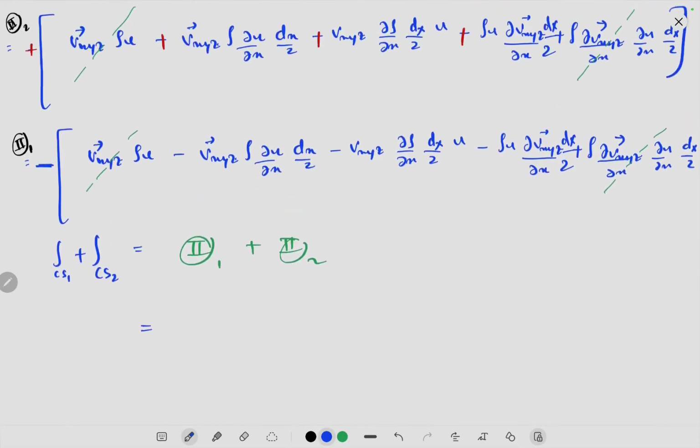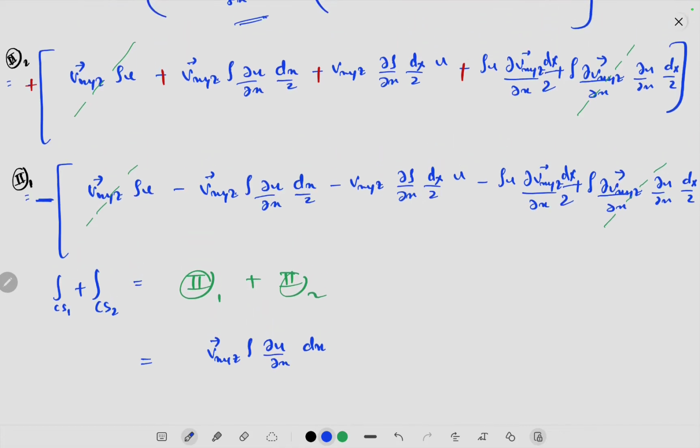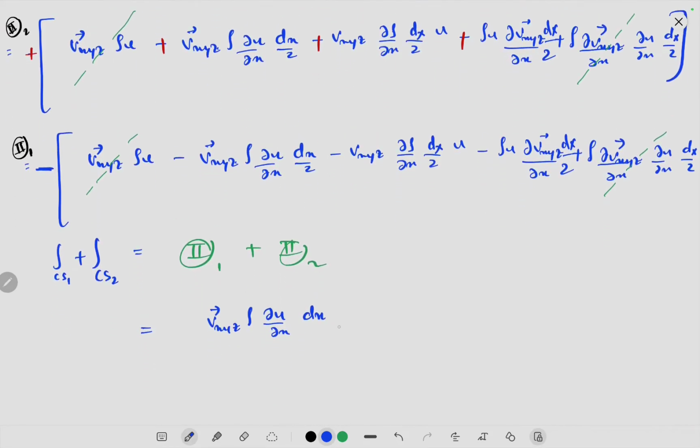let's just write it quickly. Adding this to this will give you 2 vxyz rho del u by del x dx by 2. This 2 gets cancelled out with this 2, so I can just remove 2 from here. Now let's add this term and this term. This will give me plus 2 vxyz, and note here there will be vectors.